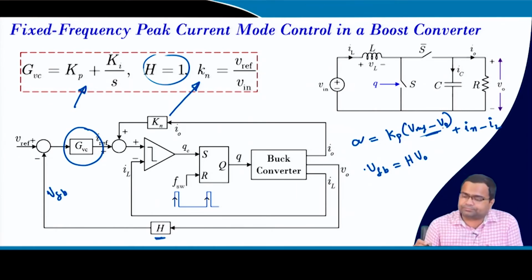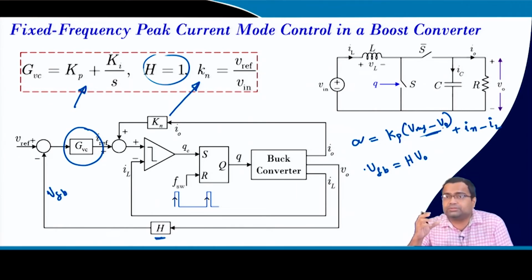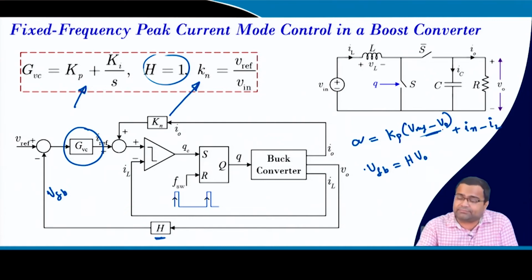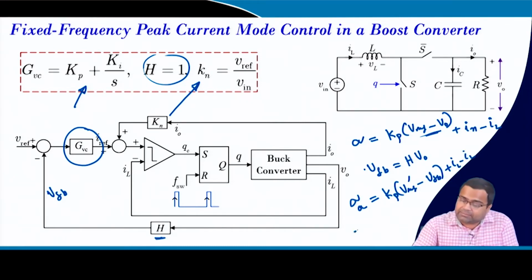So, suppose we are sensing the feedback voltage, then our actual realization will be Kp (Vref dash minus V feedback) plus In minus IL. What is Vref dash?